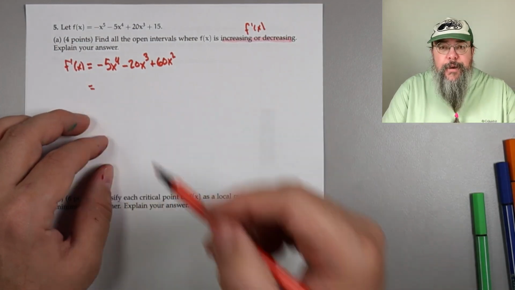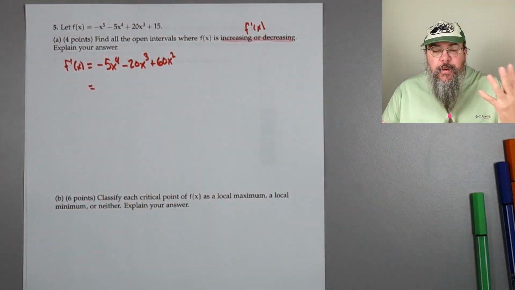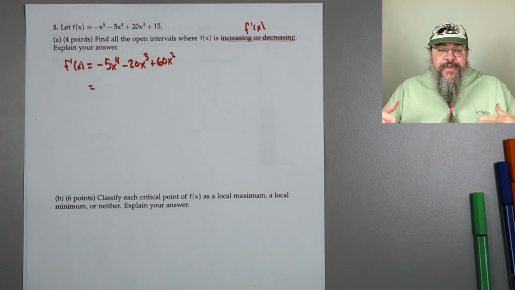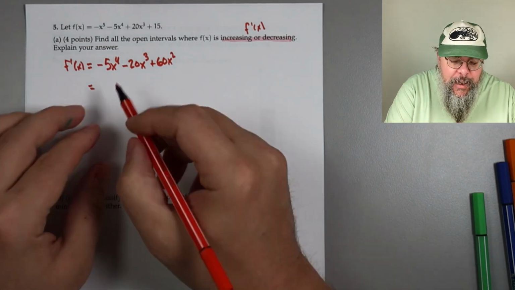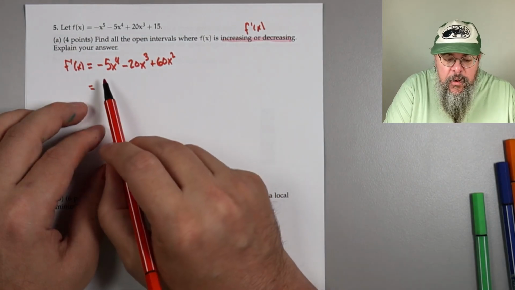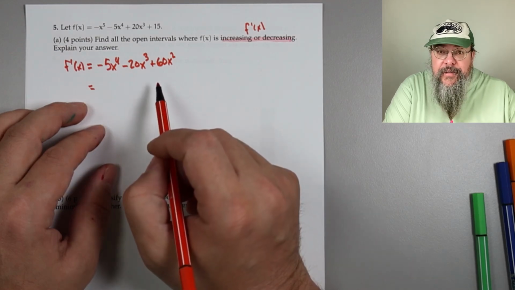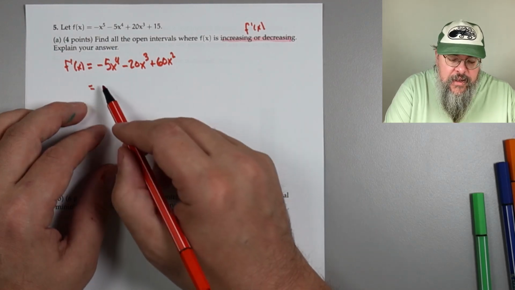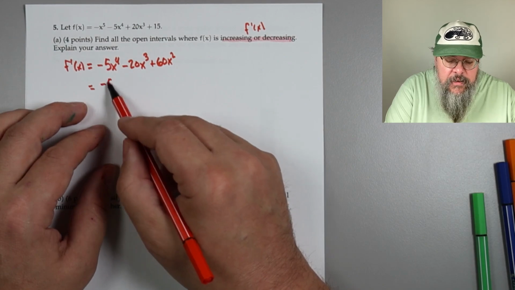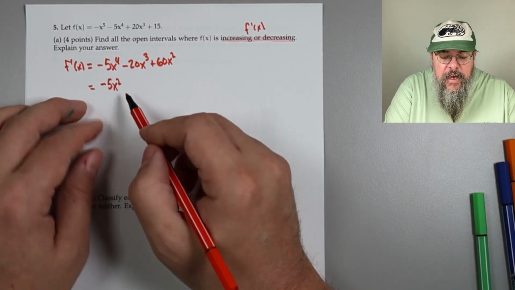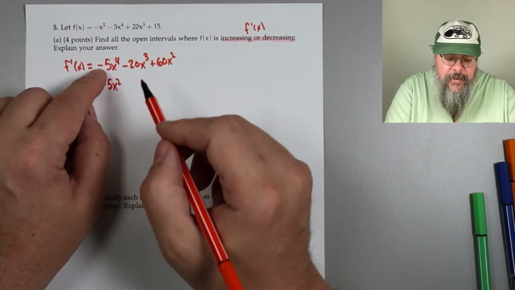And by the way, this is a polynomial. We love polynomials. Polynomials are our friends. Everything's a multiple of 5, and everything has powers of x. There's an x squared, so we're going to pull out negative 5x squared. Why negative? I like to have a positive coefficient in front of the leading term.